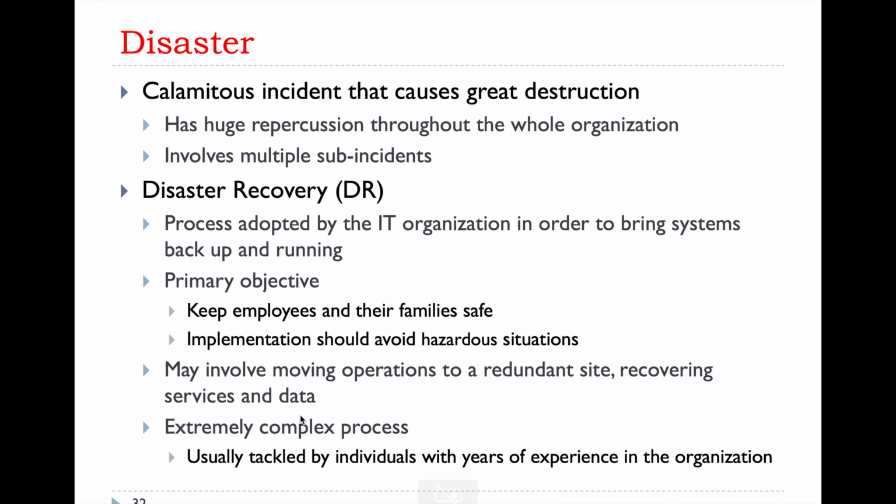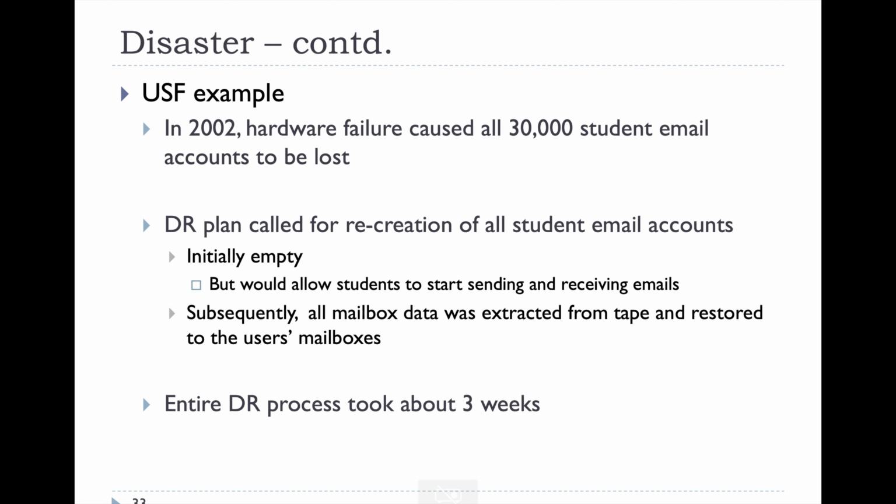For example, if a company's main headquarters catches fire, then in this case, we might move to a redundant site and recover services and data. It's an extremely complex process. It's not easy. It's not something that a fresh grad would do. It is usually tackled by individuals with a lot of years of experience in the organization.